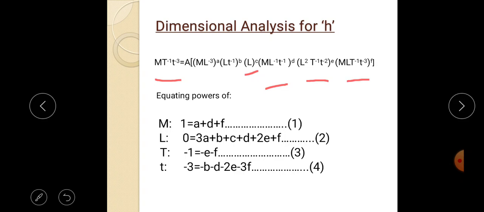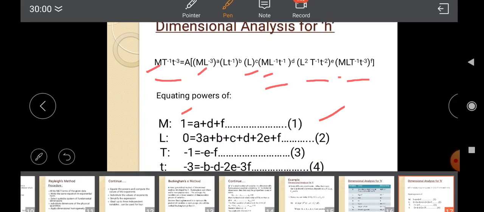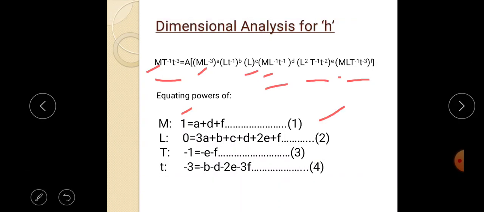Now we'll equate all the powers. Suppose in the LHS the power of M is simply 1. In the right side, first we get a, here no, here d, and here f. So as it is written here, 1 is equal to a plus d plus f, first equation. Now for the power of L, in the LHS we have no powers of L, so it is 0.